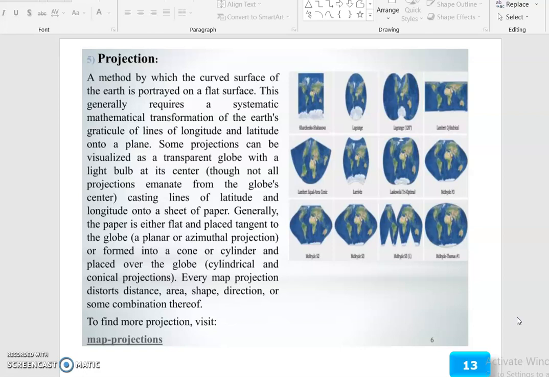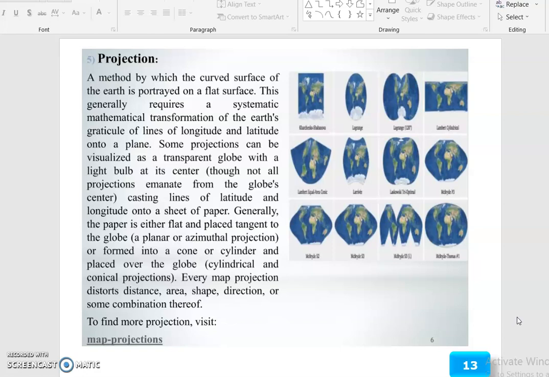This generally requires a systematic mathematical transformation of the earth's graticule of lines of longitude and latitude onto a plane. Some projections can be visualized as a transparent globe with a light bulb at its center. But not all projections emanate from the globe center.